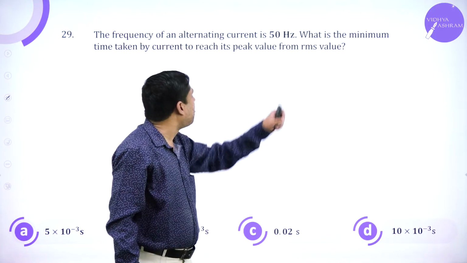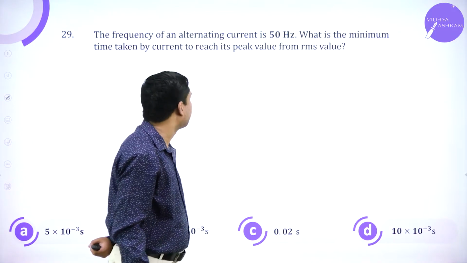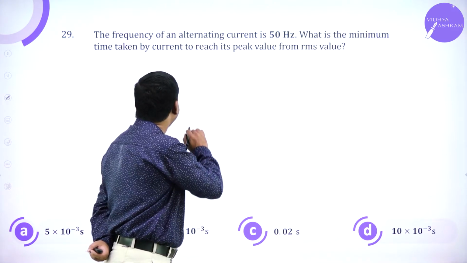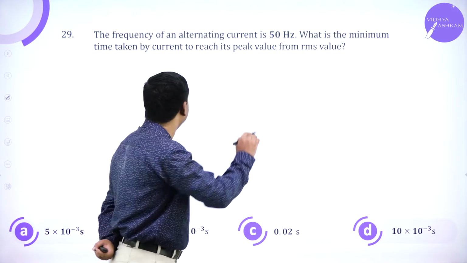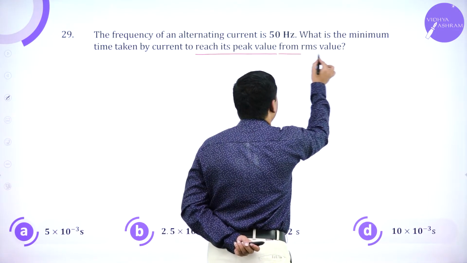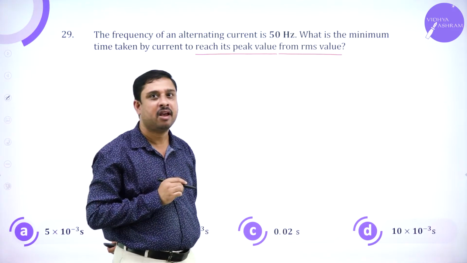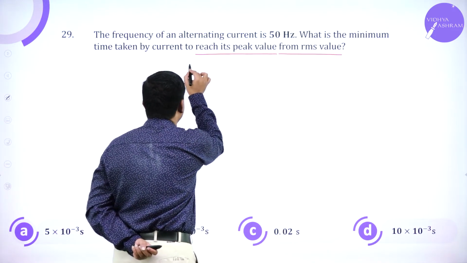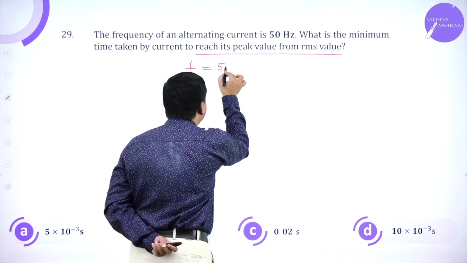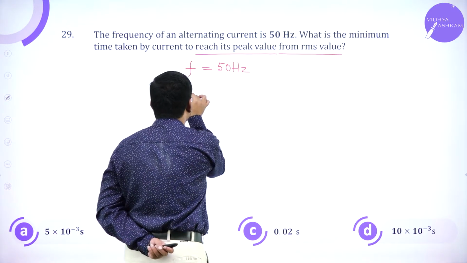The frequency of alternating current is 50 hertz. What is the minimum time taken by current to reach its peak value from its RMS value? Now the problem says frequency of alternating current is 50 hertz.